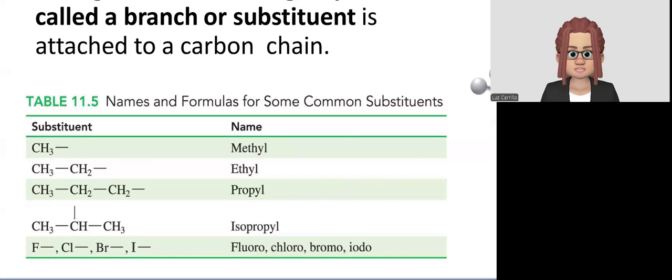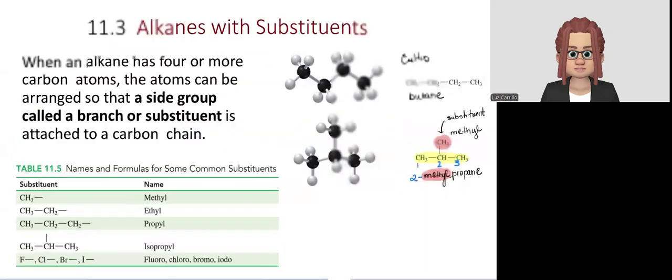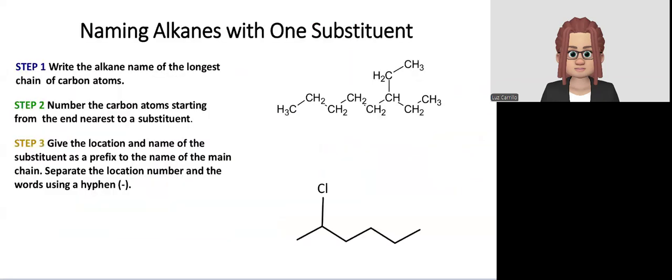Let's now formally introduce the rules when I'm naming alkanes with one substituent. Step number 1. When you're given an alkane and there's only one substituent, you must find the longest continuous chain of carbon atoms present in your molecule. Next, you have to number the carbon atoms starting from the end that is nearest a substituent.